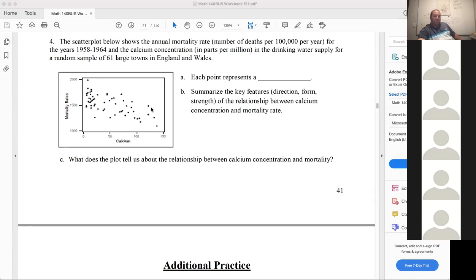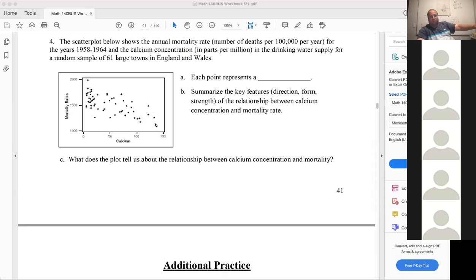Each of these points is just one of the towns. It has a numerical value on this scale and one on this scale, but the points themselves are the data points, not the variables that we care about. The data points themselves are towns. Anahit, does that make sense?